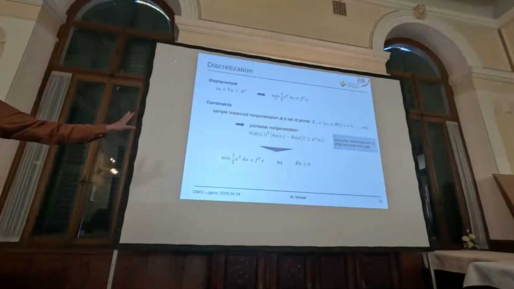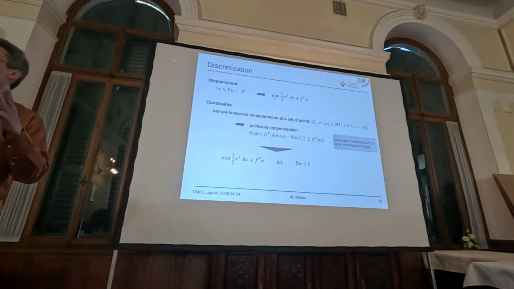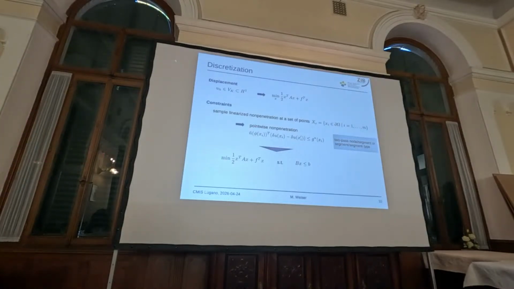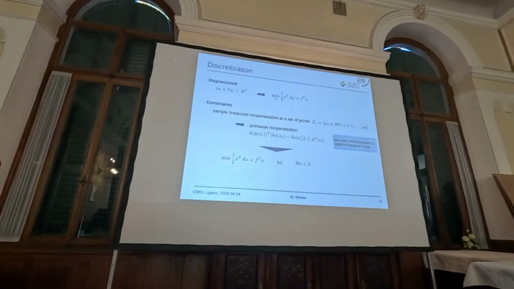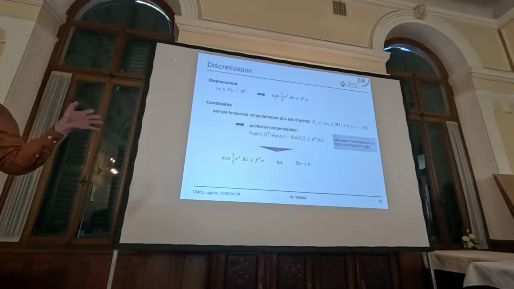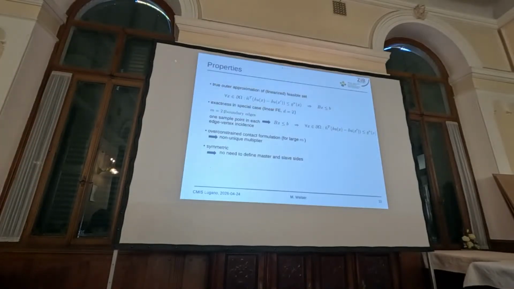And we select just some of the constraints, typically a couple of them on each boundary face or so. We end up with a quadratic program with a standard energy and these linear constraints. So that's pretty simple. And in particular, just looking into some directions for contact is pretty easy to realize.